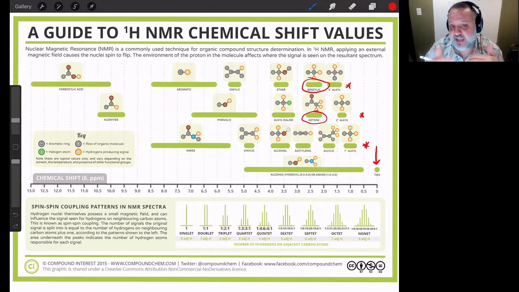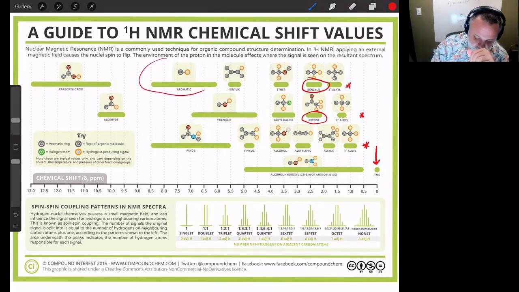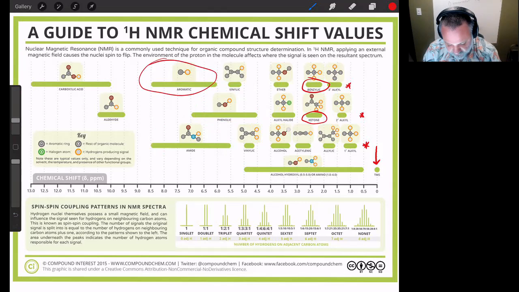If it's aromatic, it's in this range. So in other words, if something appears from 7 to 8.5 parts per million, there's only two possibilities. It's either aromatic or it's an amide. And if it doesn't have a nitrogen in it, then it's got to be aromatic. It's got to be a hydrogen that's attached to an aromatic ring. That's what it has to be.